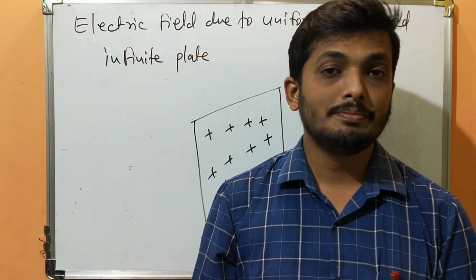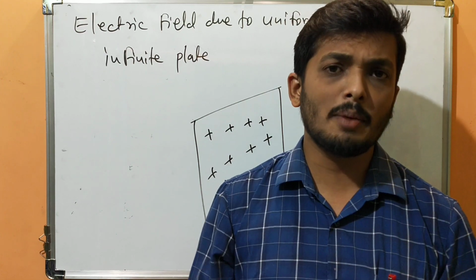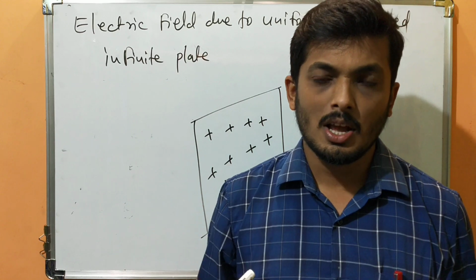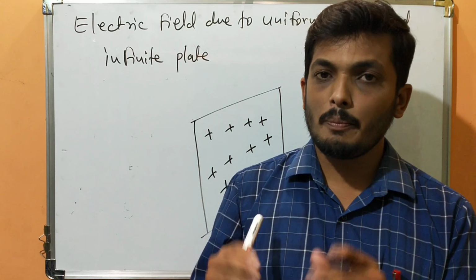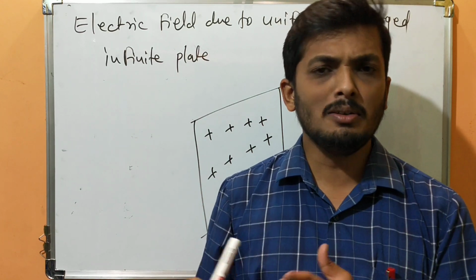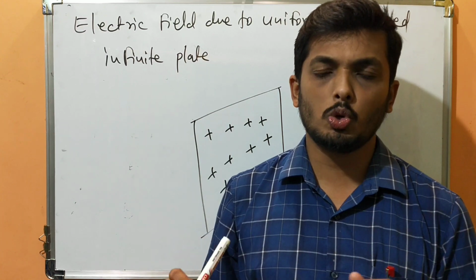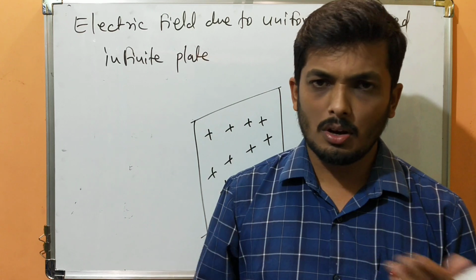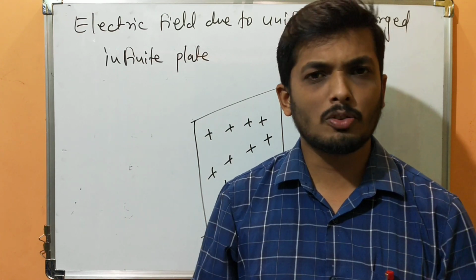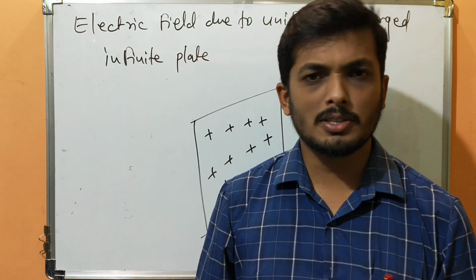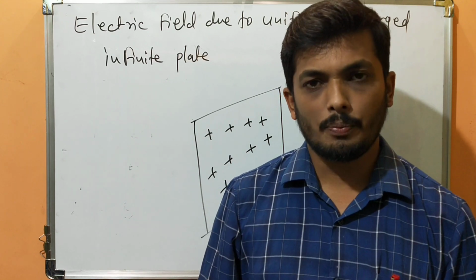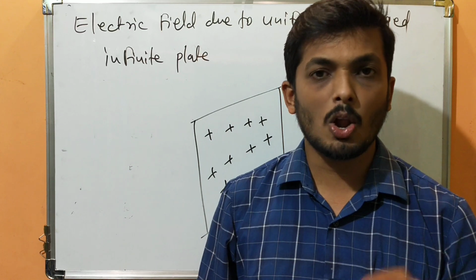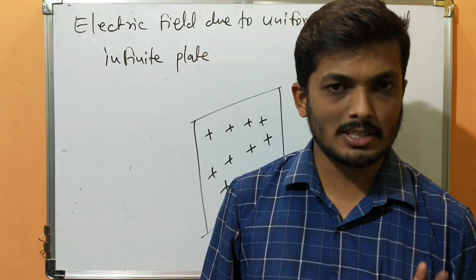Then we studied the electric dipole. An electric dipole is a system of two equal and opposite charges separated by a certain distance. Electric dipole moment is the product of the magnitude of one of the charges and the dipole length, that is P equals Q times 2A. The net electric charge of a dipole is obviously 0, because plus Q minus Q gives 0. Then we studied two important derivations: electric field due to a dipole along the equatorial plane and along the axis.